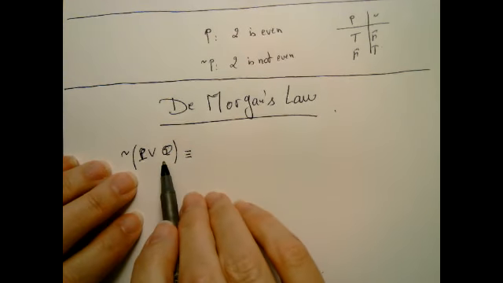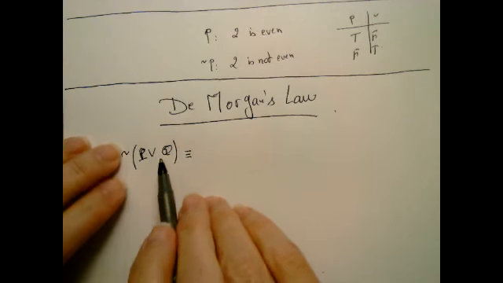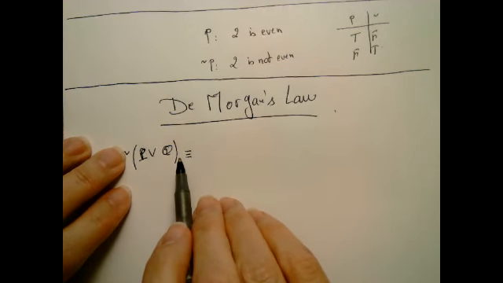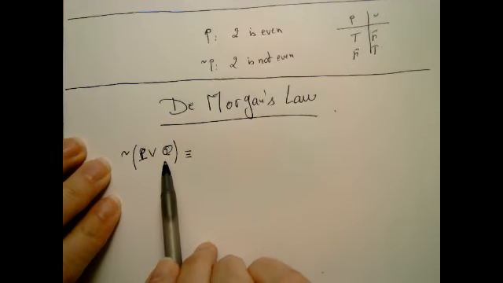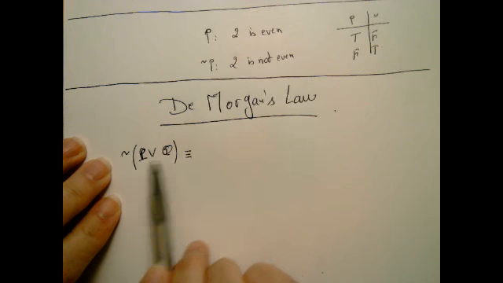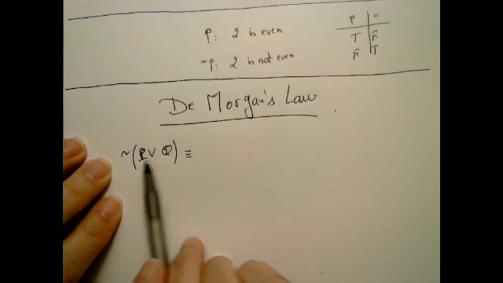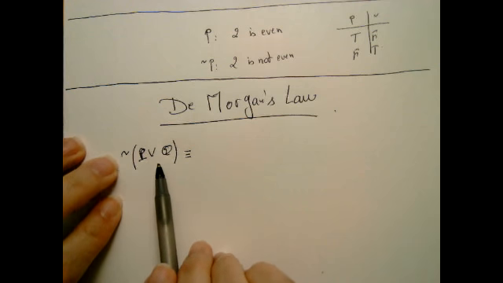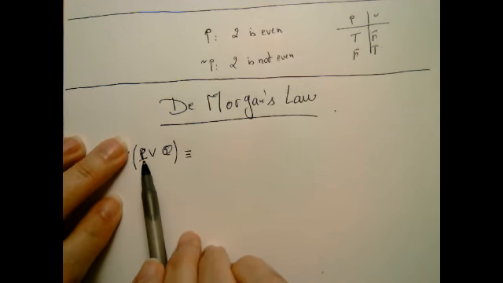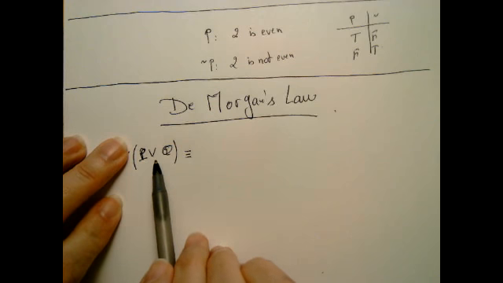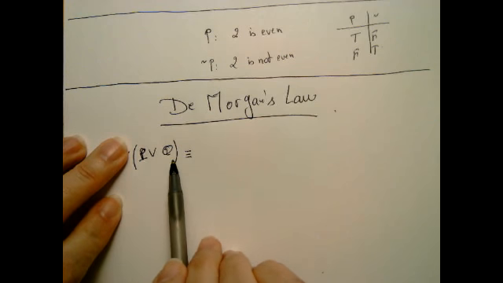Remember, the negation should capture when the original statement is false. So the negation is true when the original is false. Now, if we think about P or Q, the original is false when P is false and Q is false.